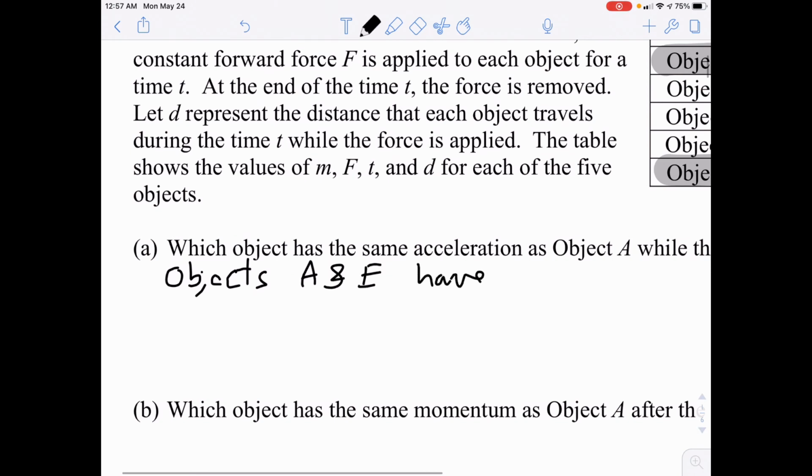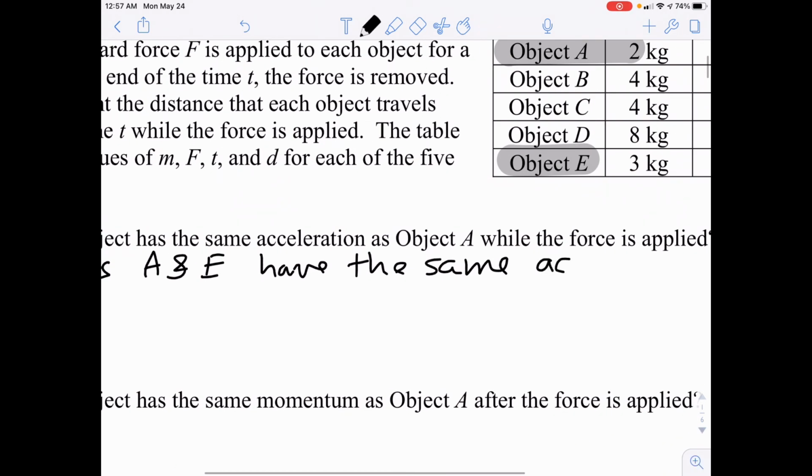Objects A and E have the same acceleration.